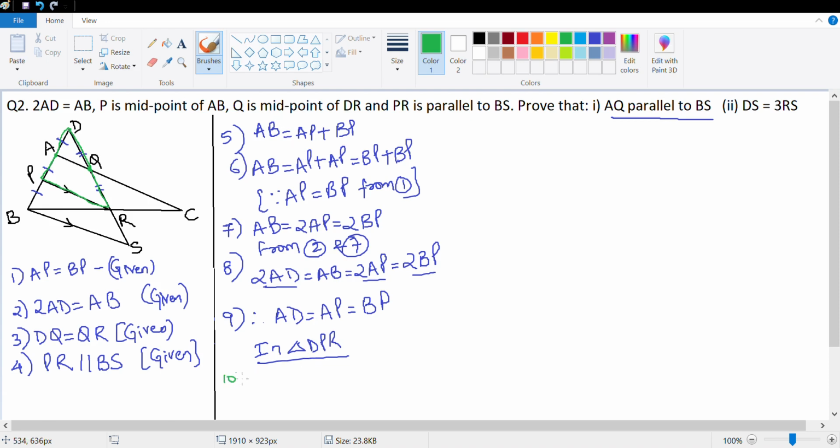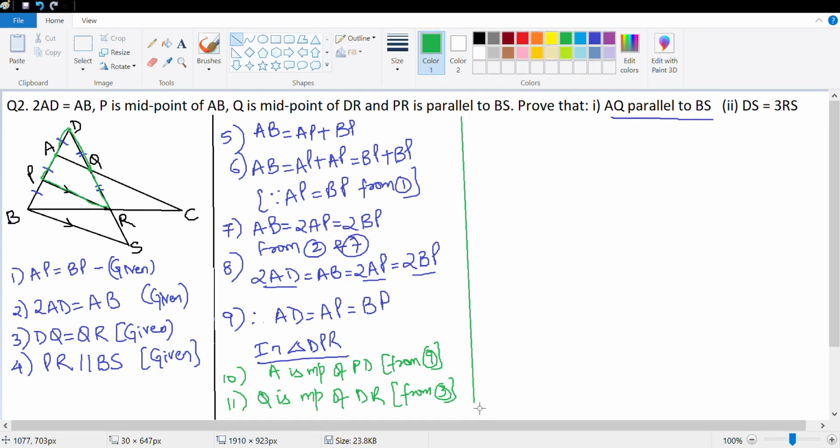Let's start writing. Number 10. A is midpoint of PD. This is from 9. Since these two are equal, number 11 would be Q is midpoint of DR. This is from 3. So what this gives me is, using midpoint theorem, number 12, which is AQ is parallel to PR.